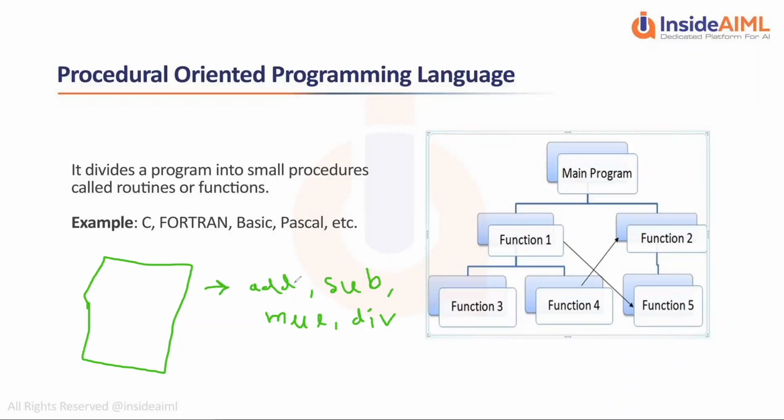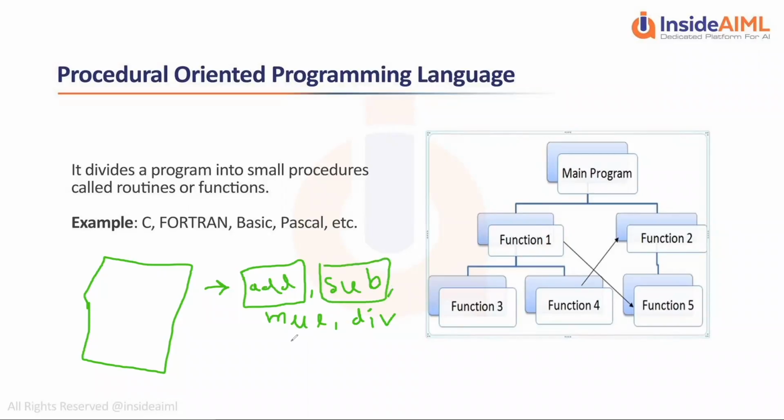So here, instead of writing all this at once, you can divide your programs into sub modules, different modules, different procedures. One function will perform the addition. Another function might perform the subtraction.